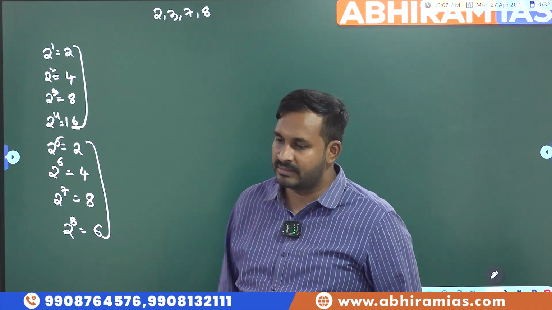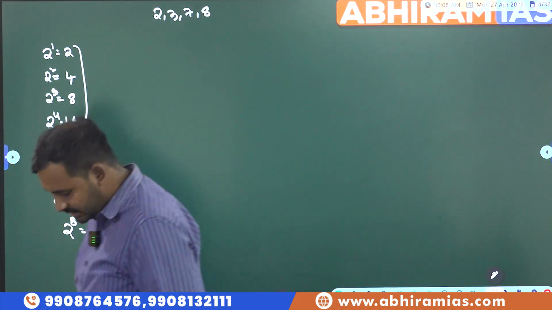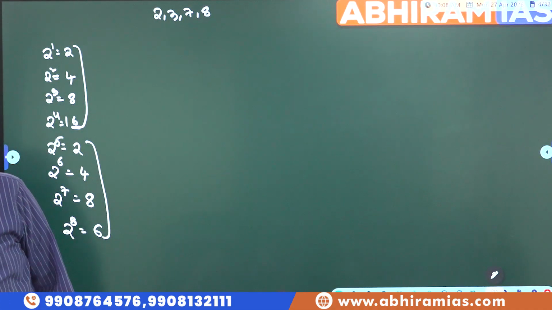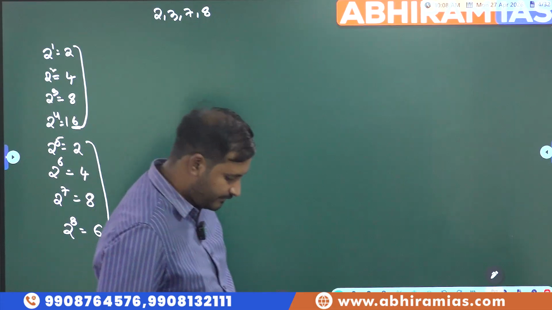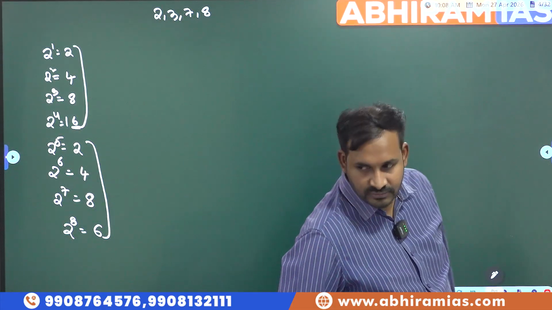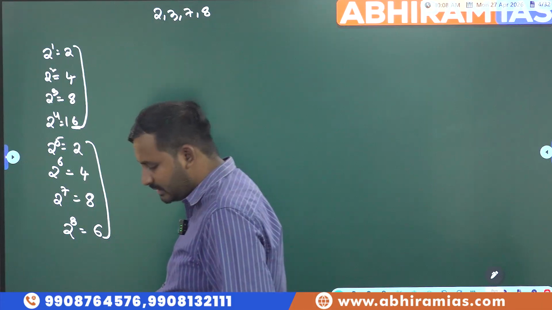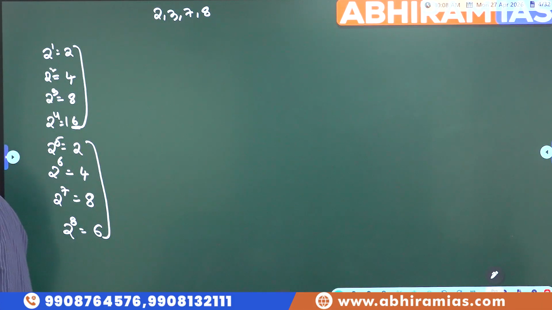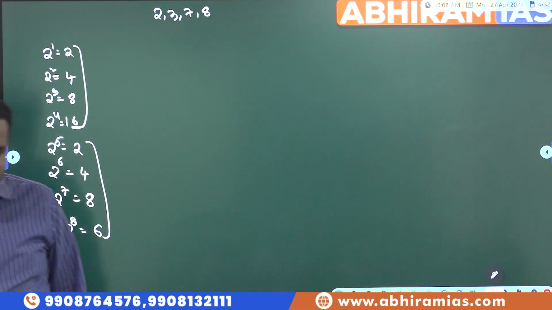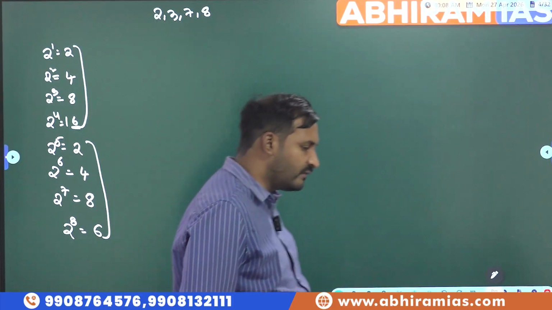Next oka point random. Remainder as power. Nenu explain chesta idantha endo. Next slide. If the remainder is 0, take the units digit of 4th power.